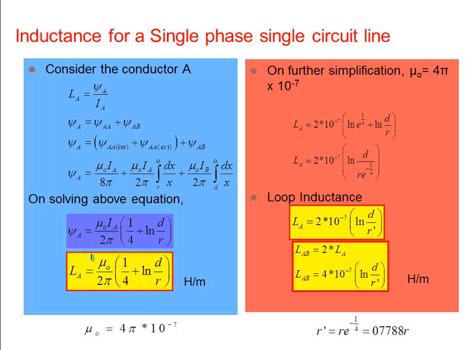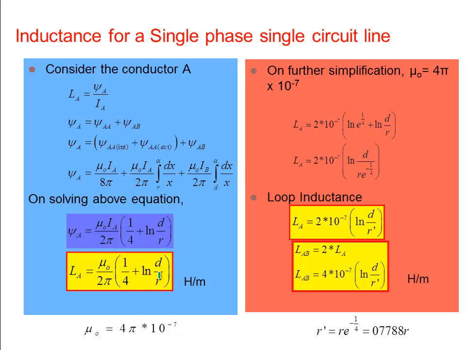From this equation we can say that the inductance depends upon the distance between the conductors as well as the radius of the conductor. This mu naught represents the material we are using for the conductor. Now substitute mu naught equal to 4 pi into 10 to the power minus 7.